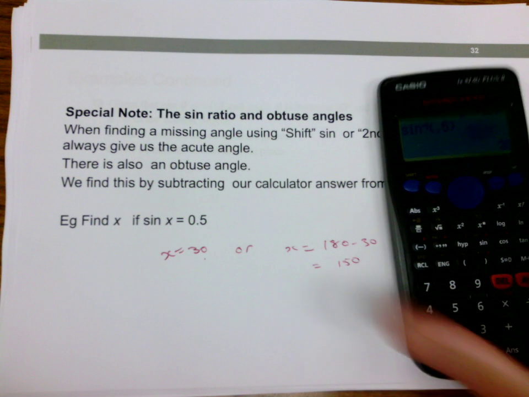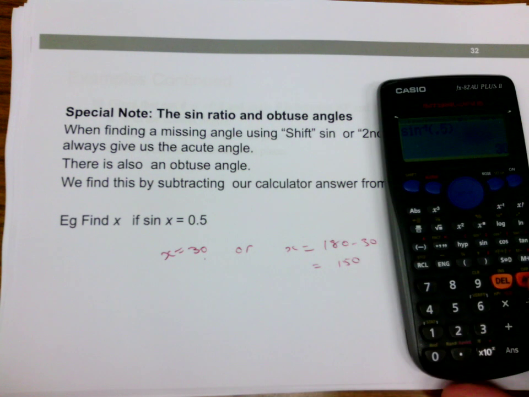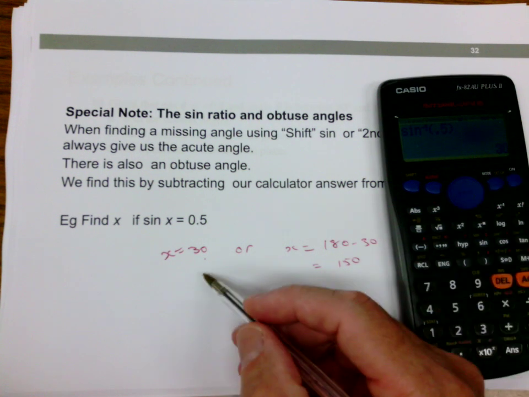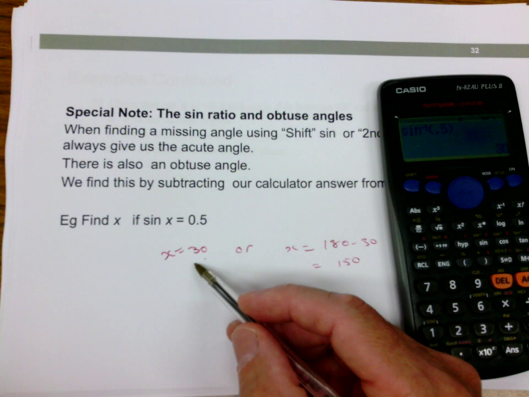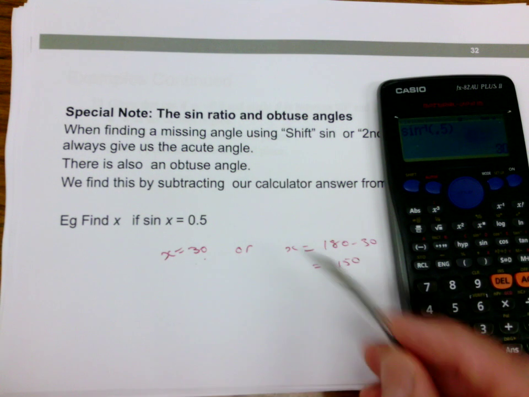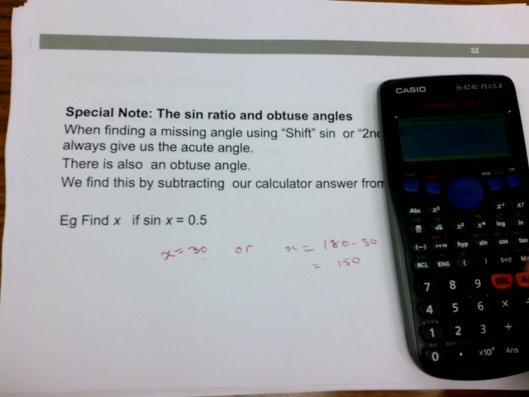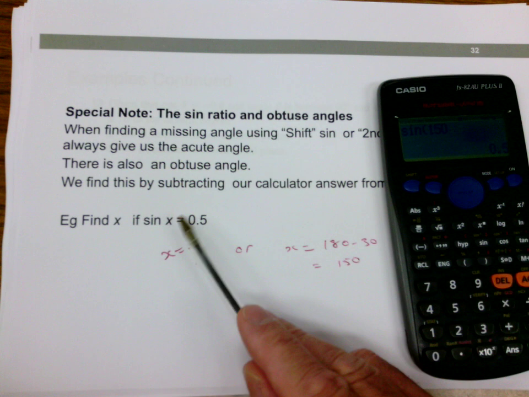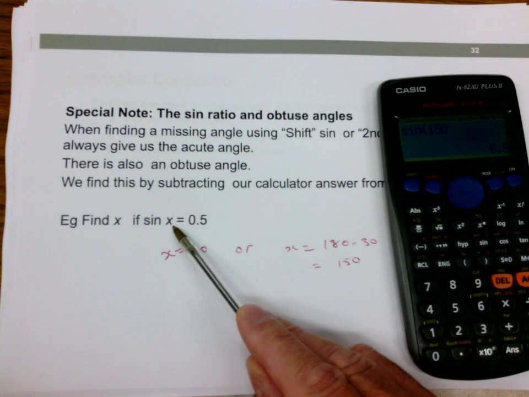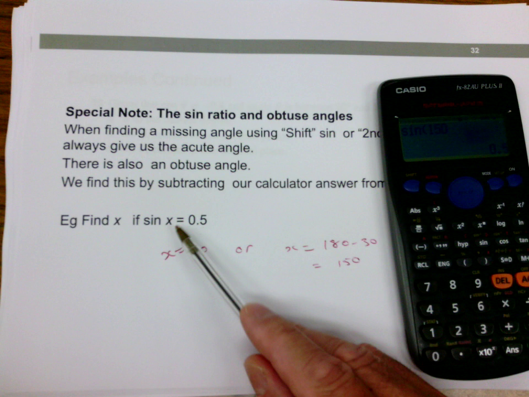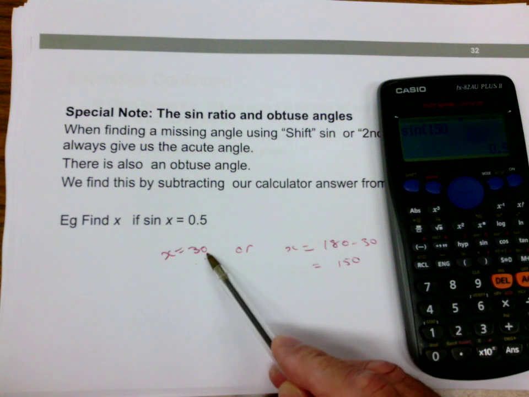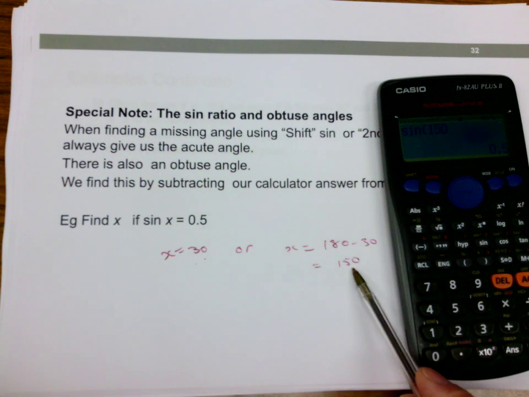So the calculator will always spit out the acute angle, and if you're after the obtuse, you just subtract it from 180, because look at sine 150. It's 0.5, isn't it? So there are two angles that could be giving us 0.5. It could be the 30, which the calculator will always give you, or it could be 150.